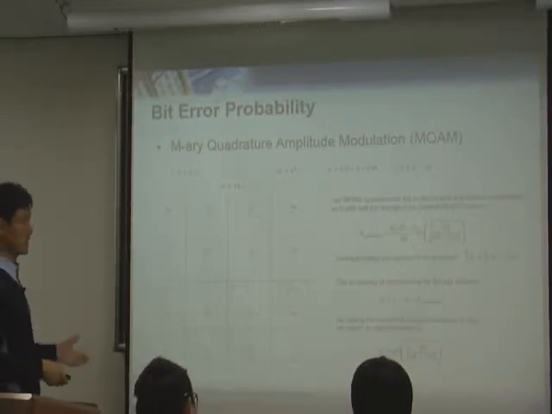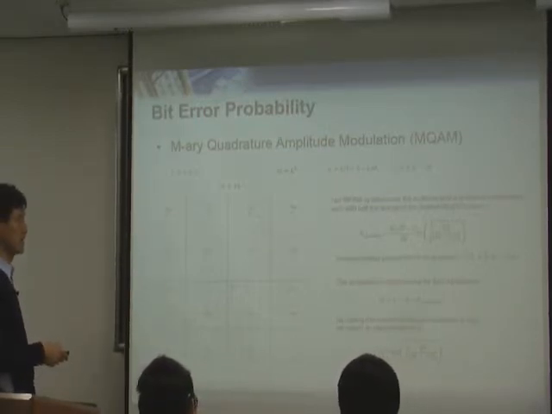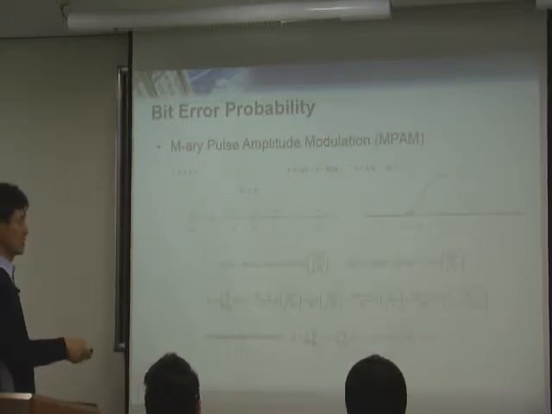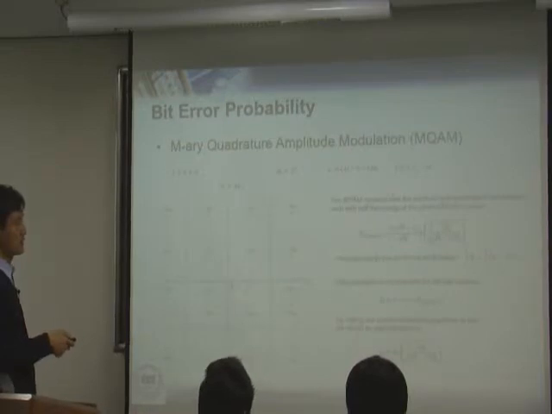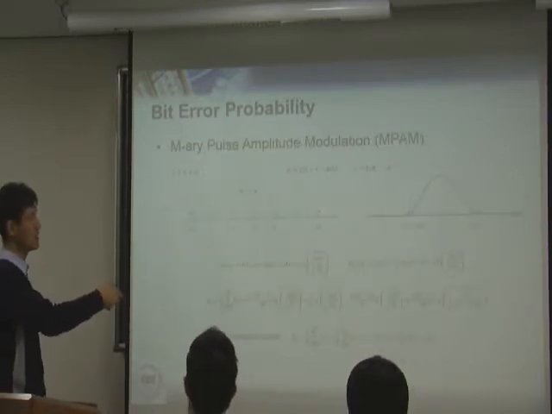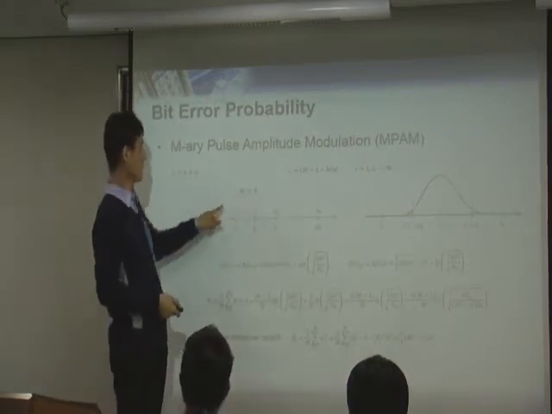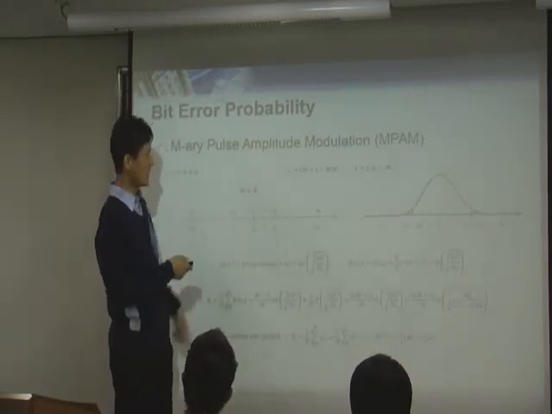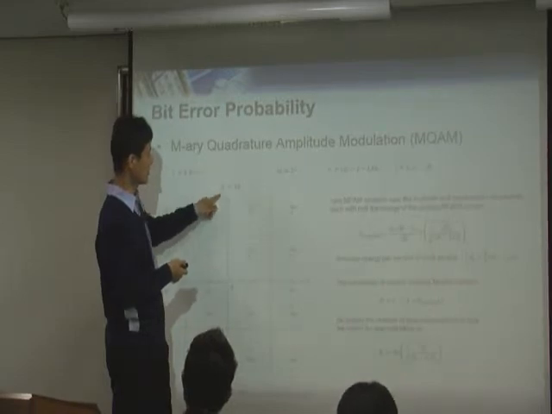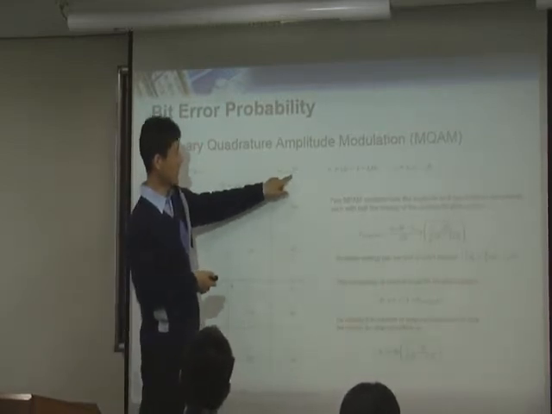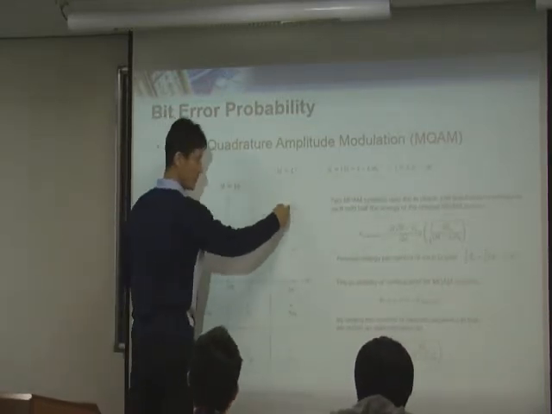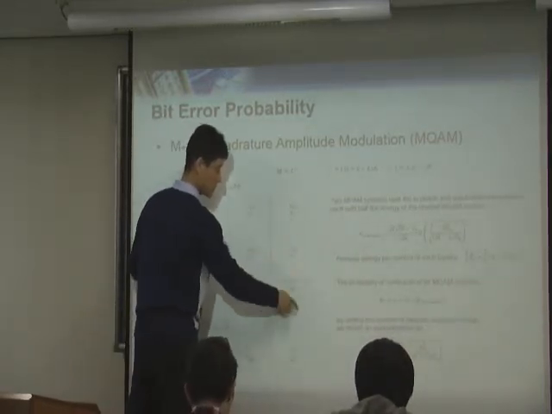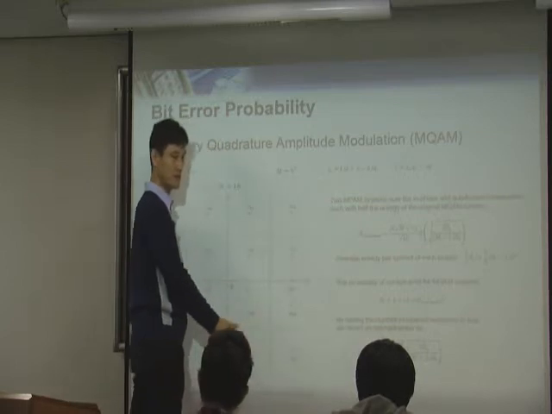So that's the M-ary QAM modulation. So you use exactly the same BER technique as we already looked at in the pulse amplitude modulation. Okay? Then you can get this one. The only difference is that in the earlier we used M, right? We have M symbols. Now in the QAM modulation, now you can think about M equal to L squared. And L is the number of symbols on one pulse amplitude modulation.